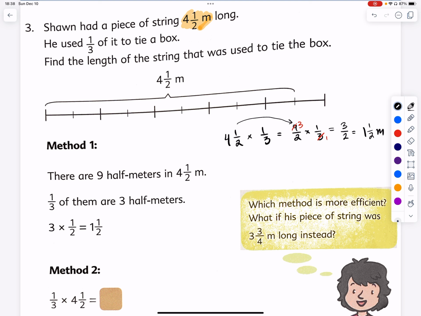So he used 1.5 meters to tie a box. And this is what we did, right? In method 2, we just converted this to 9/2 times 1/3, and we arrived at 1.5 meters.